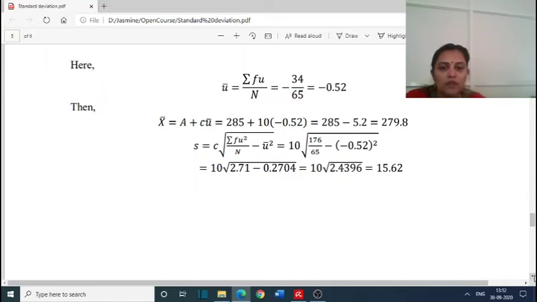So s is equal to c into square root of sigma fu square by n minus u bar square, which is equal to 10 into root of 176 by 65 minus 0.52 all square, which is equal to 10 into 176 by 65 is 2.71 minus 0.2704. So the value is 10 into square root of 0.24396, which is equal to 15.62.